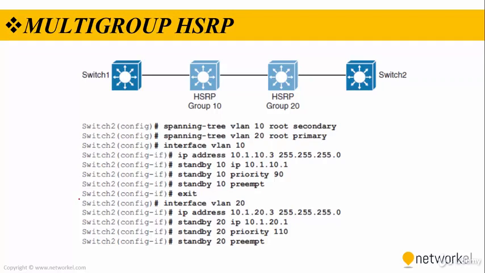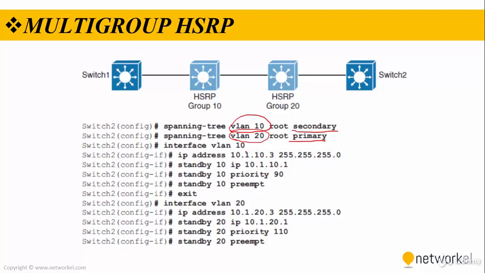I can use different gateways for different VLANs in HSRP, and this is what multigroup HSRP is doing for me. For example, for VLAN 10 and VLAN 20, I'm using this guy as primary and I'm using this guy as the secondary for VLAN 20 and VLAN 10.